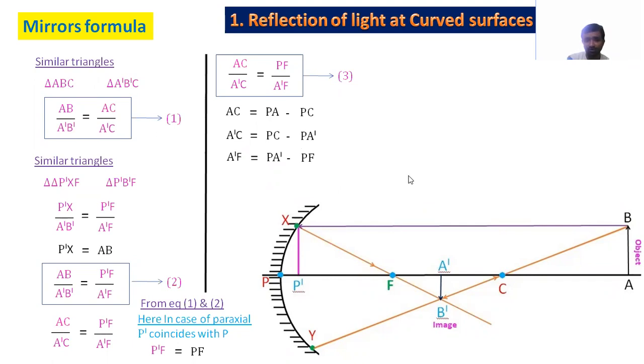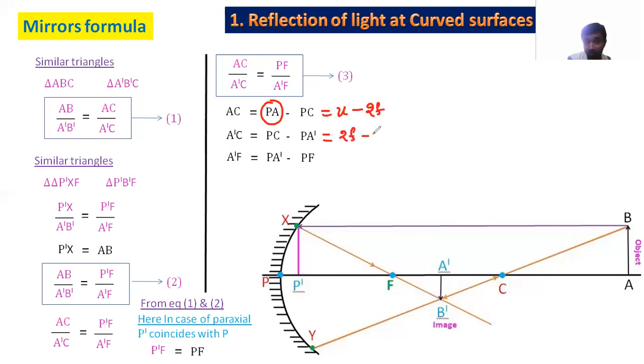Right? So from this, what you are able to write? Here we are able to write PA is equal to pole to the object, is U. What is PC equal to? R. R is nothing but 2F. Then PC equal to 2F. PA dash equal to what?